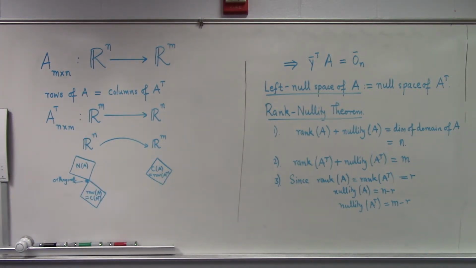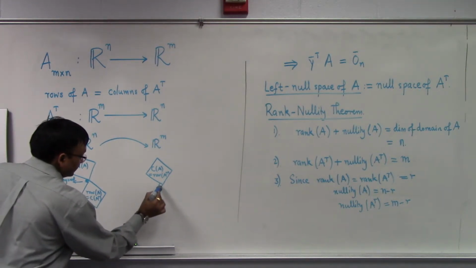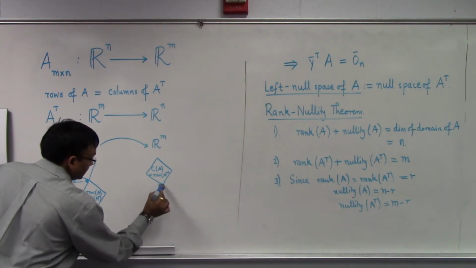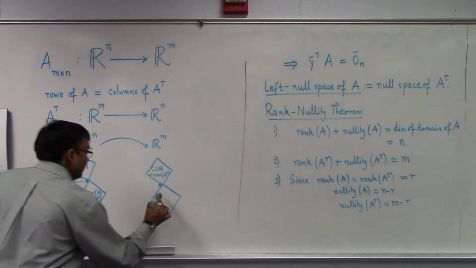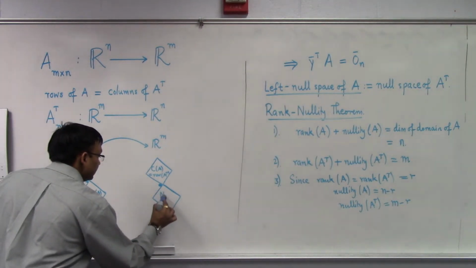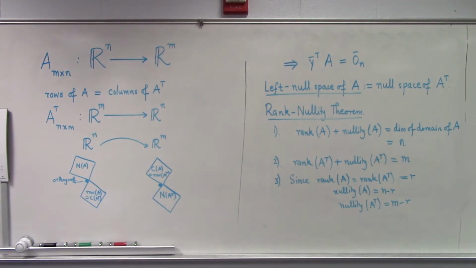So the null space of A transpose and row space of A transpose should again be orthogonal to each other. And this is how you will see that the null space of A transpose is living in here. Okay. So this is the kind of picture you should have in mind when you deal with these spaces.